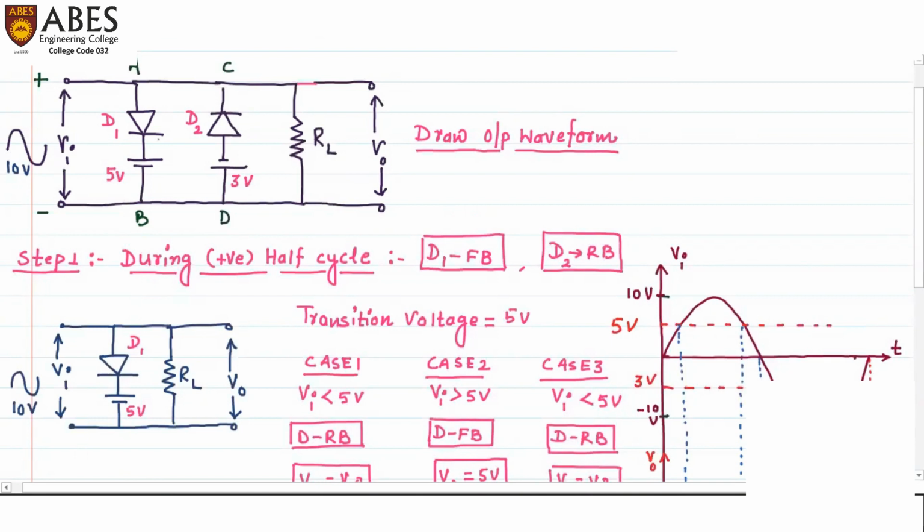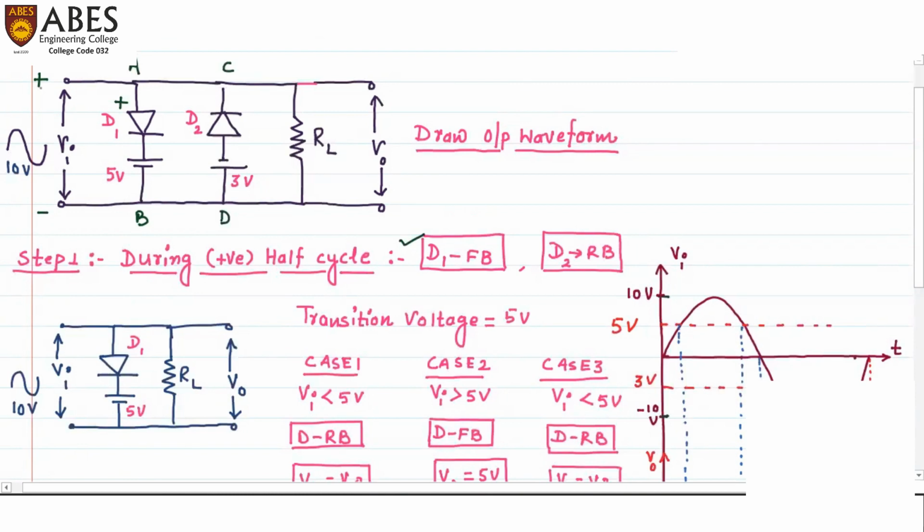As we also know, in parallel clippers, only VI decides whether the diode is forward biased or reverse biased, because the value of VI is always greater than the battery voltage. So here VI will decide. The positive terminal of the input voltage is connected to the positive terminal of diode D1, so diode D1 will be forward biased, and the same I have written here.